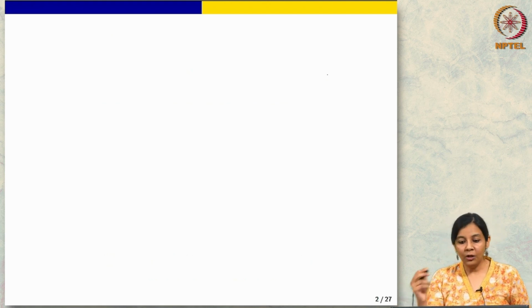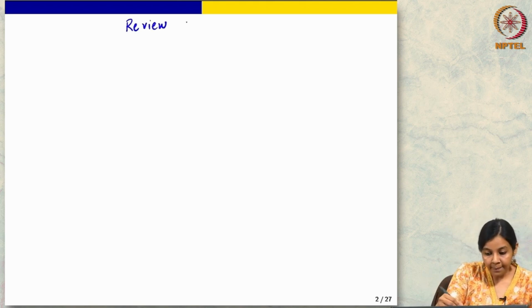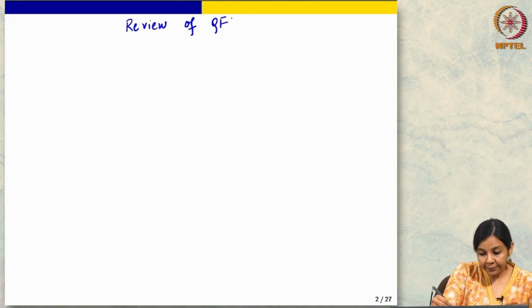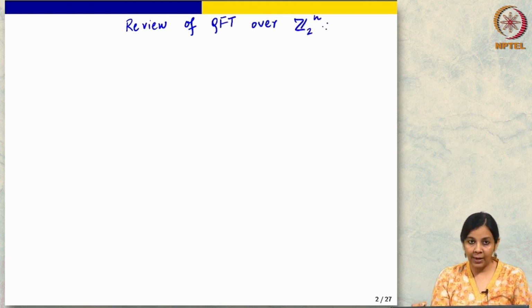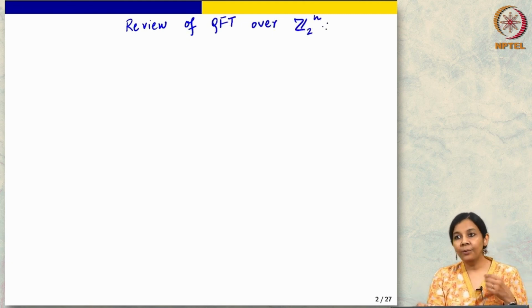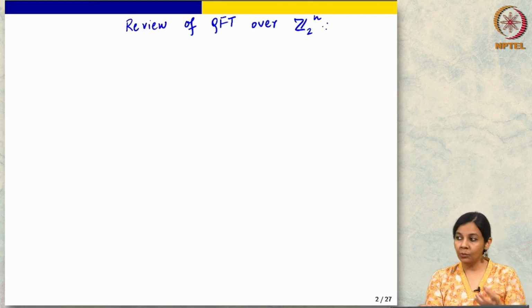So first of all, let's do a quick review of the QFT over the space that we did see, which is Z_2^n. Okay. And if you remember, what we were doing was we were taking some function, we were calling it g, of course you can call it what you want. So take a function g, think of it as a vector, its truth table, for instance.